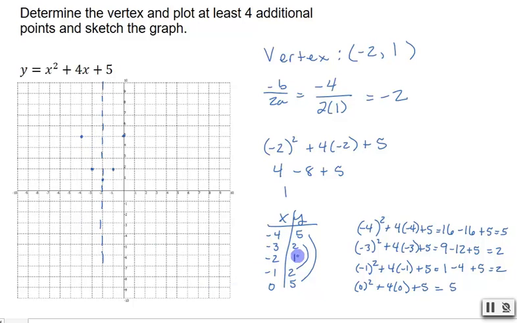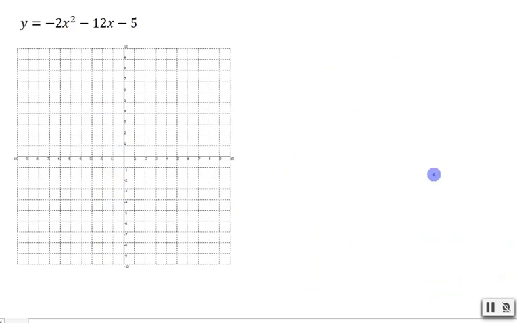So once you find 3 points, the vertex and 2 other points, then you can just graph the buddy points and you don't have to really worry about putting in the equation and simplifying everything. And there's your graph. Let's try another. And this one, we want to try the vertex.